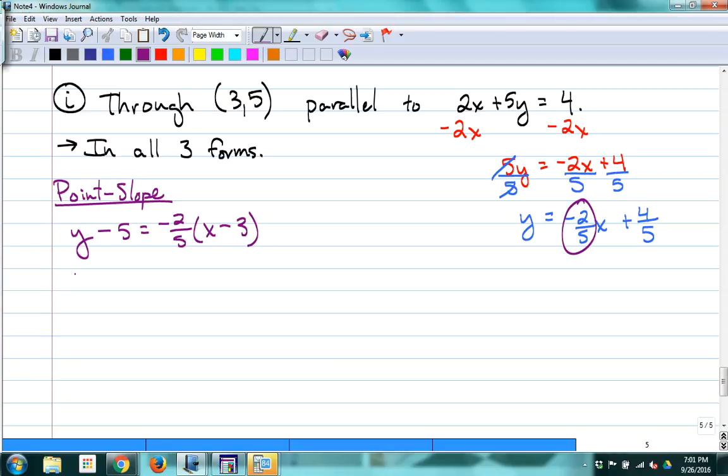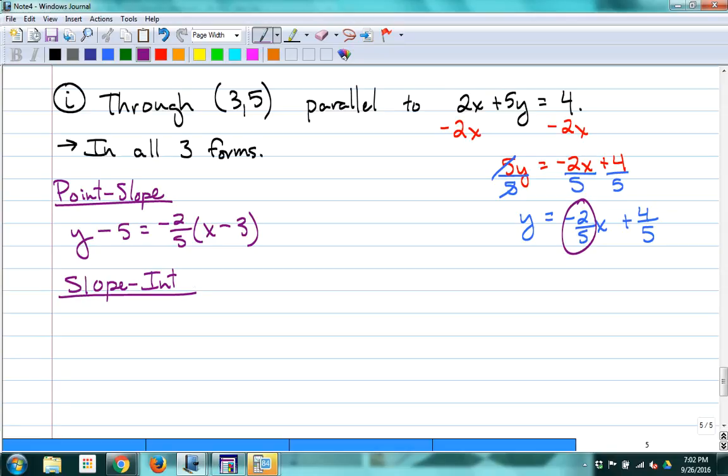Now, let's take that and get in slope-intercept form. What do we have to do to the point slope form to get in slope-intercept form?